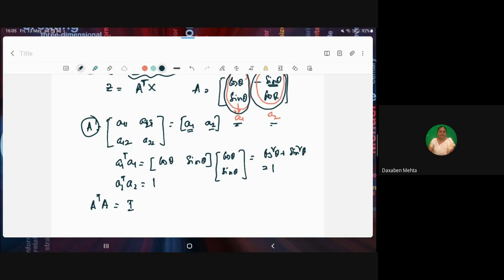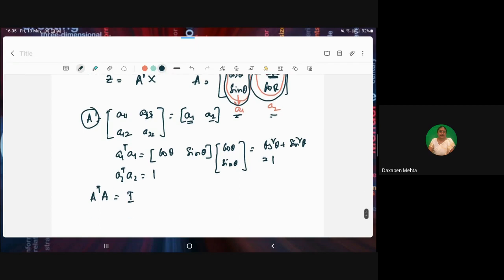Then if we increase the number of variables, the relationship will be this way. Suppose Z is equal to A transpose X. If I break this relation for the first variable, Z1 will be A1 transpose X. That is A11 X1 plus A12 X2 and so on, plus A1K XK.